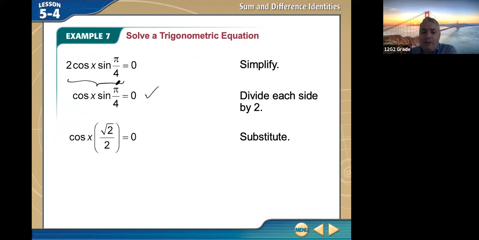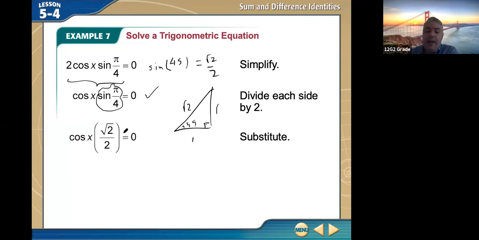Do we know these angles, trigonometric ratios? Sine of pi over 4 is 45 degrees. What is sine of 45 degrees? It is root 2 over 2. If you don't remember, 1, 1, root 2, 45, you can say. And then cosine of x times this is 0, which means that cosine of x will be 0, dividing both sides by the same thing.